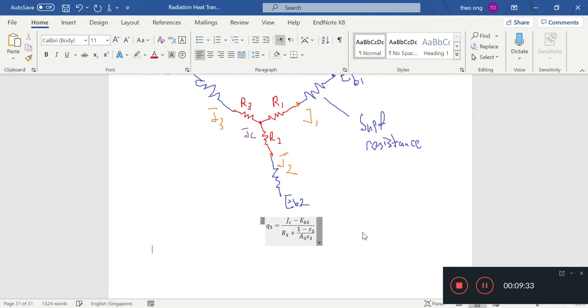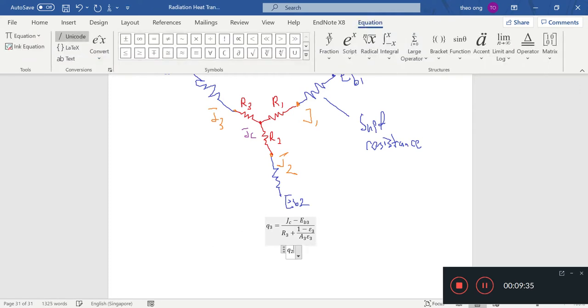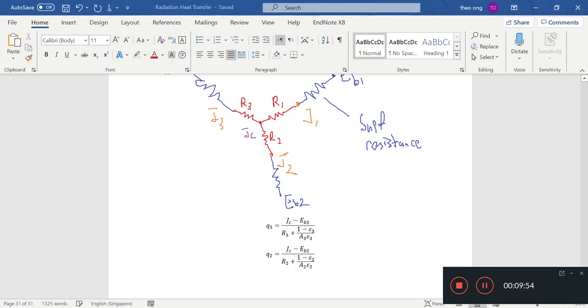So likewise, Q2 equals whatever this is, except now we just replace the 3's with 2's. And likewise, Q1 is the same.